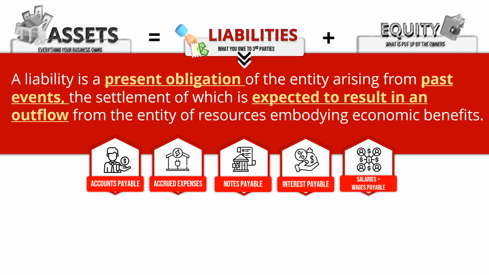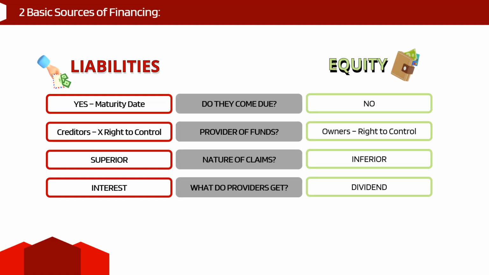So to further understand this, we need to be able to compare and contrast liabilities and equity. So number one, maturity date. Only liabilities have maturity dates because like what we mentioned, there is a present obligation versus equity na it's put up by the owner. So wala naman silang obligation to meet anything at a particular date. Second would be, like what I mentioned, who provides the funds, right?